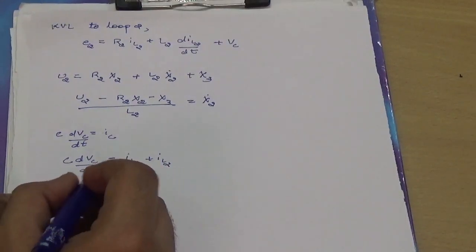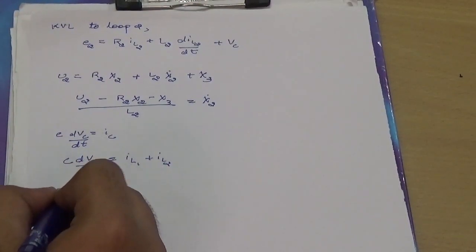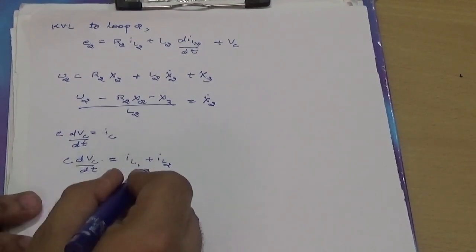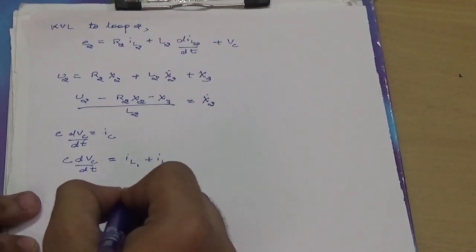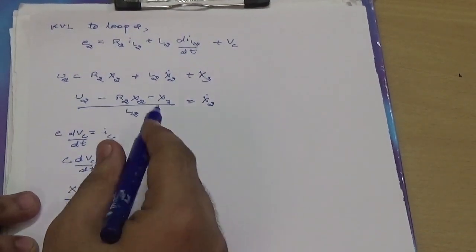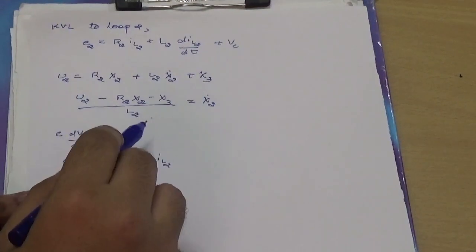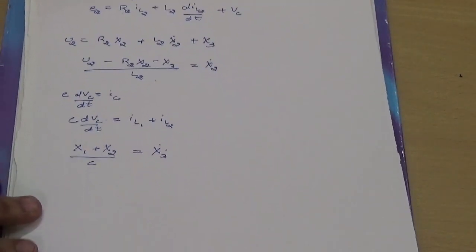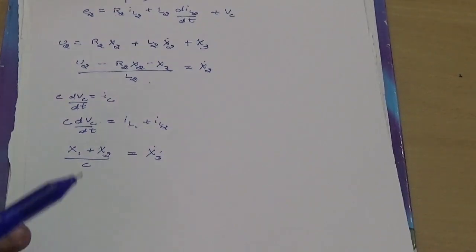IL1 and IL2 represent two state variables, so I represent them as x1 plus x2 divided by C, I take C to the denominator, which is equated to x3 dot. So using this equation and the equation for x1 dot, I would be writing the state model expression now.